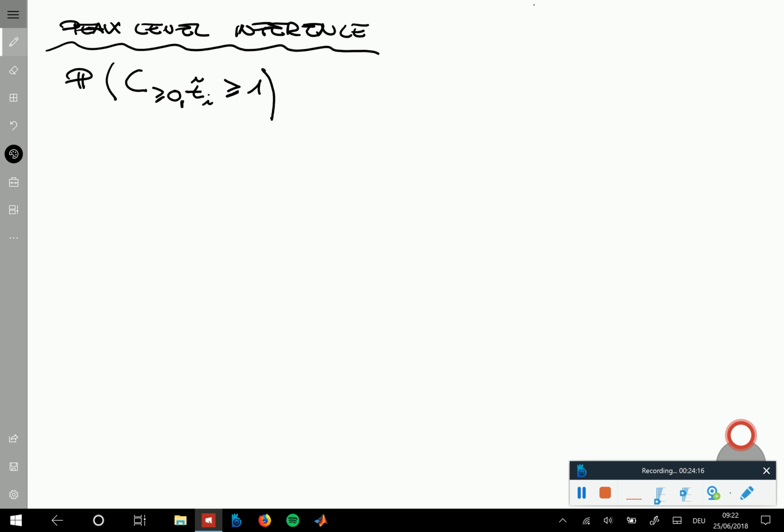So that's what is reported as the peak level family-wise error corrected p-value, and why this is, one can also explain, as I will in a second.